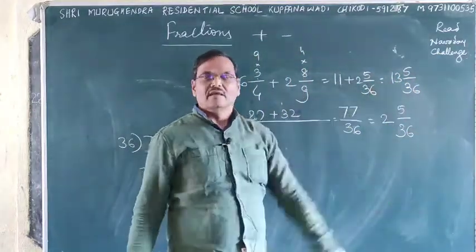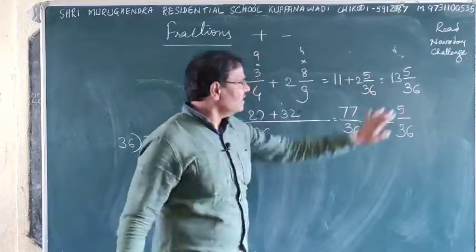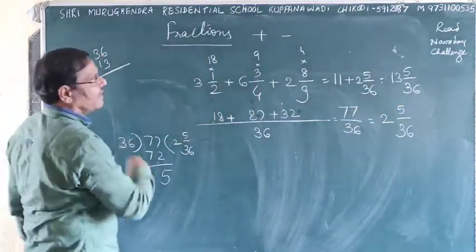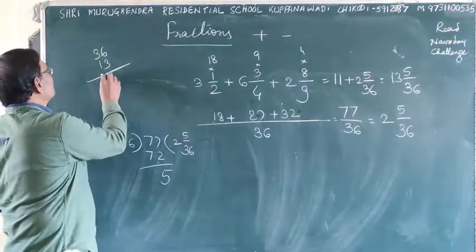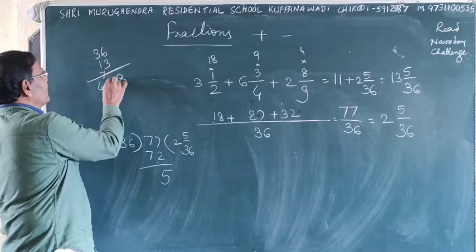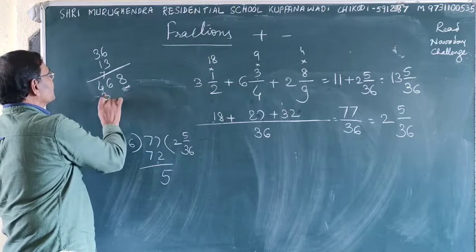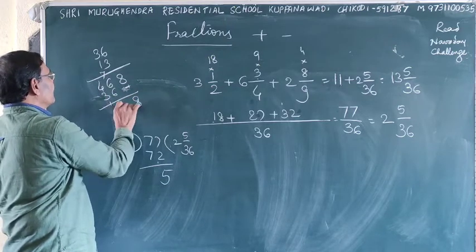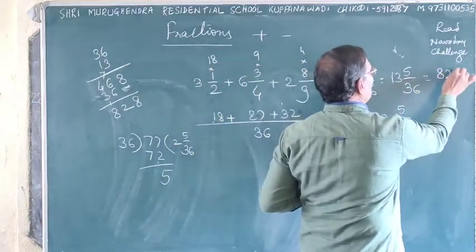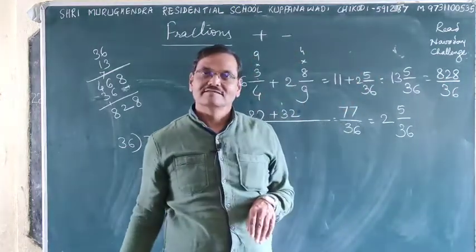And if your answer is in improper fraction, make it like these two. 36 into 13. 13 6 is 78. 13 3 is 39. 46 plus 36. 8, 12, 8. 8 to 8 by 36 upon 36.